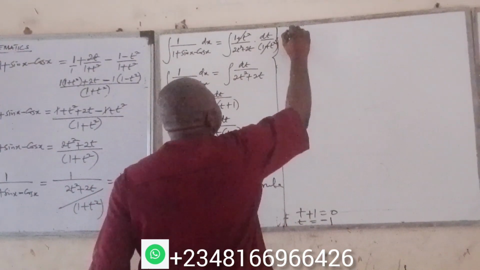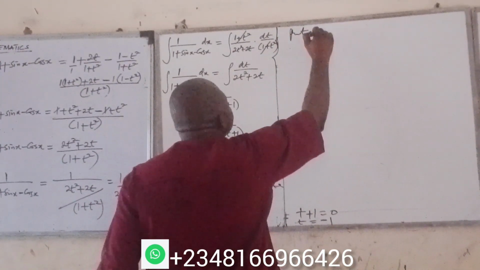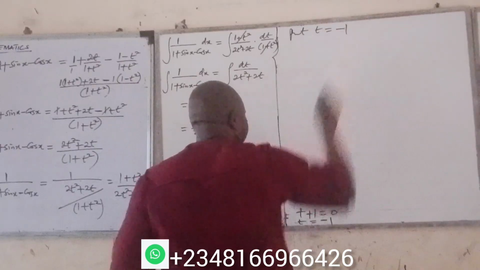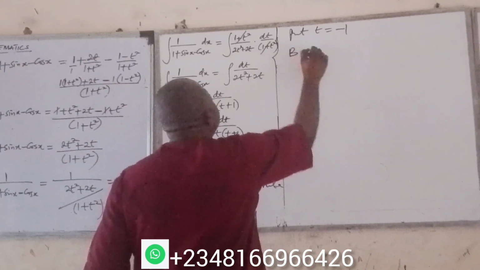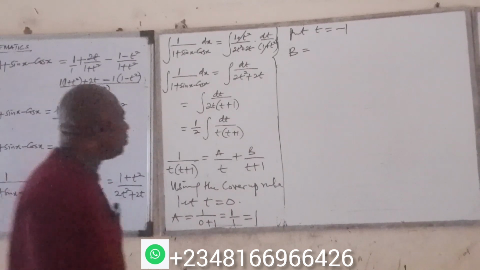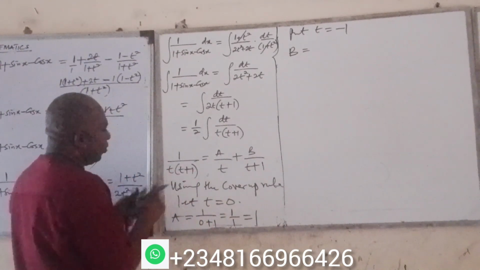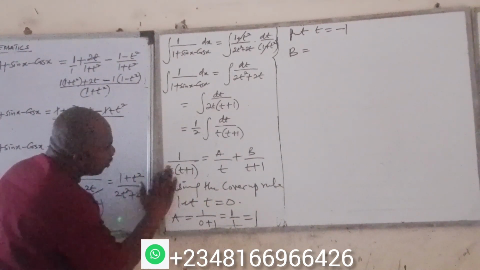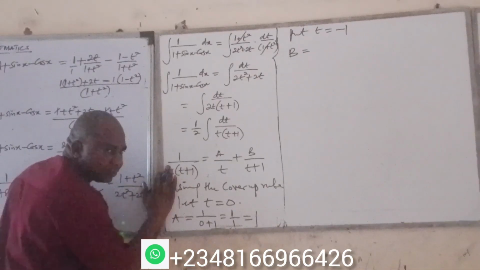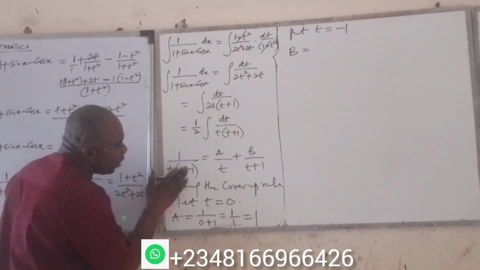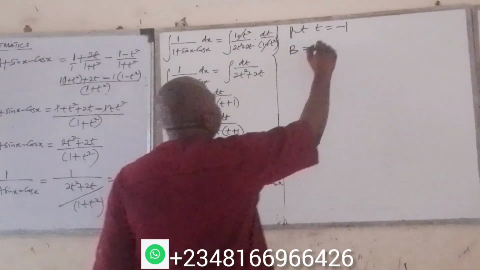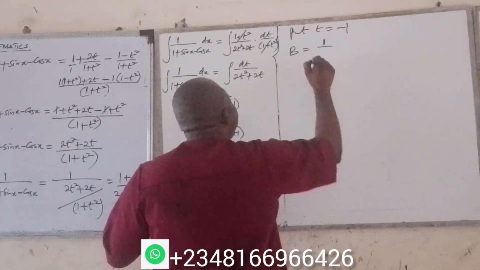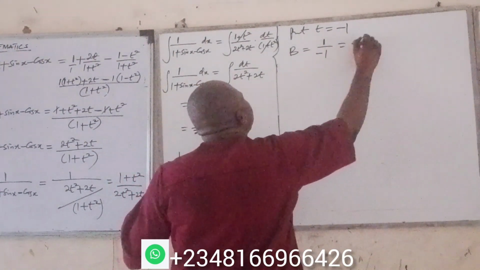So let's substitute t equal to −1. Remember when we picked t equal to 0, we covered this. Now we are taking t to be −1, we are covering this. So now we have 1 all over −1, which is the same as −1. So B is −1.